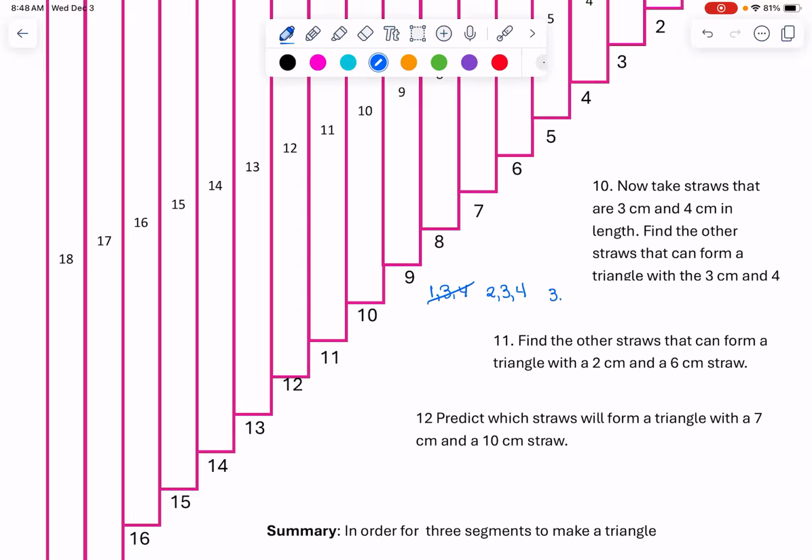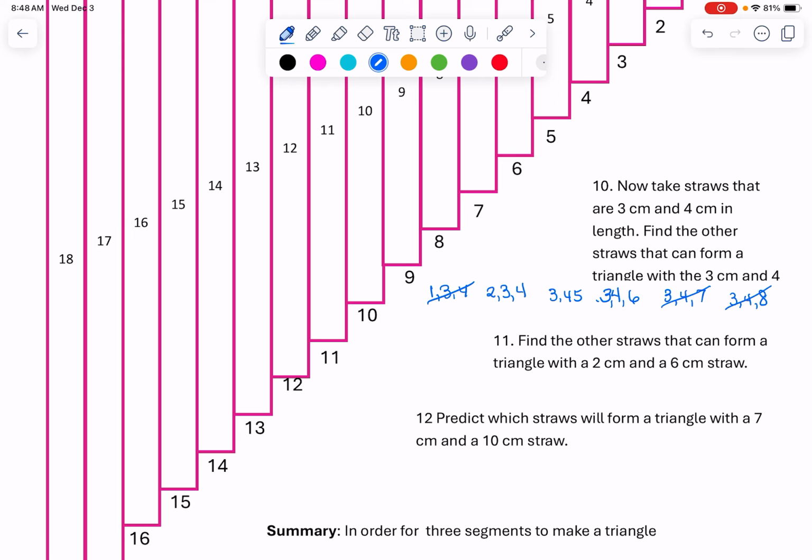We knew that 3, 4, and 5 worked. We hopefully found that 3, 4, and 6 worked, but 3, 4, and 7 did not. And of course, 3, 4, and 8, and anything bigger than that would not work.